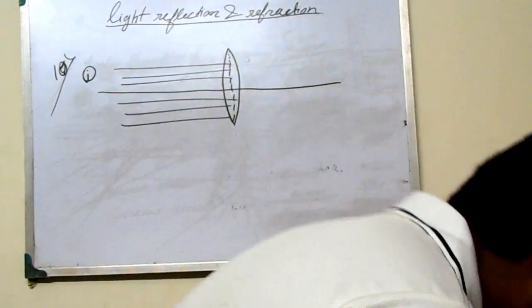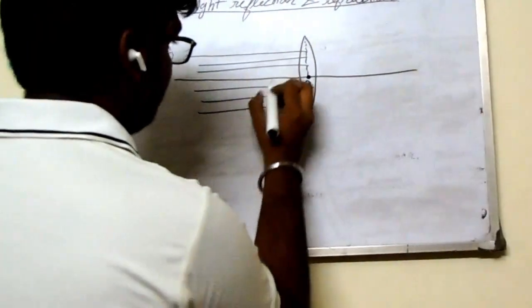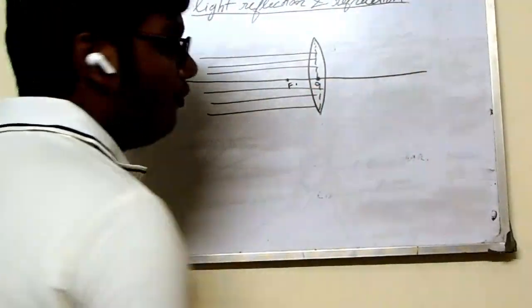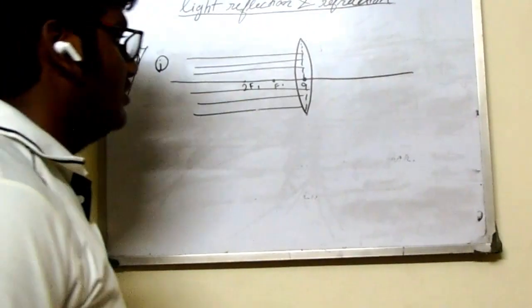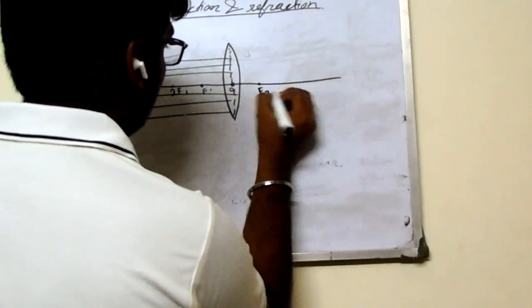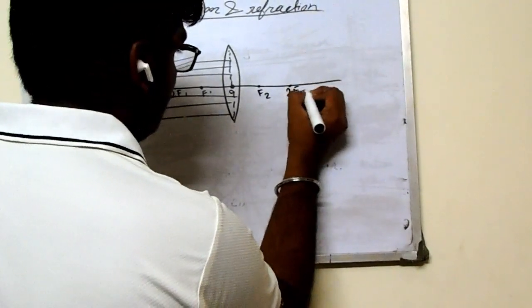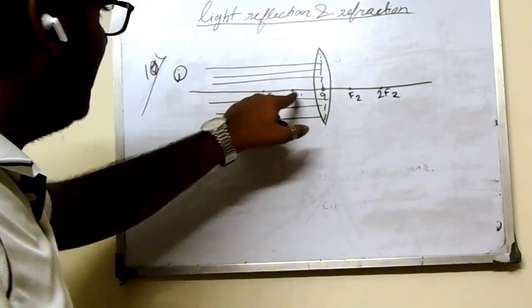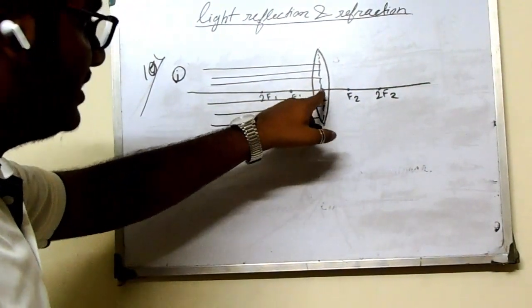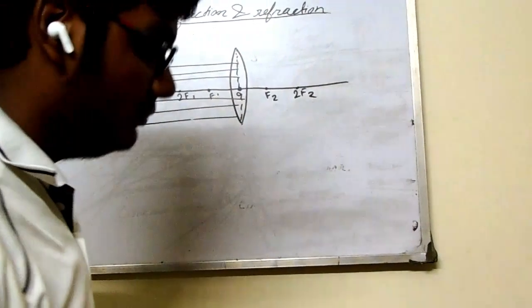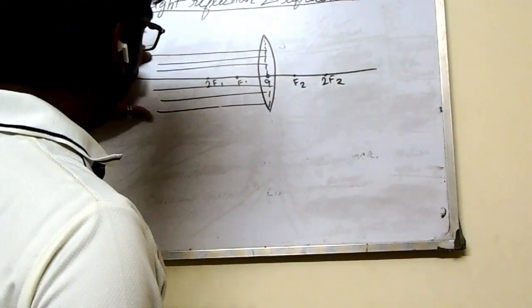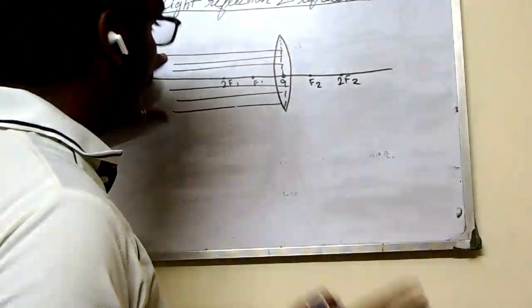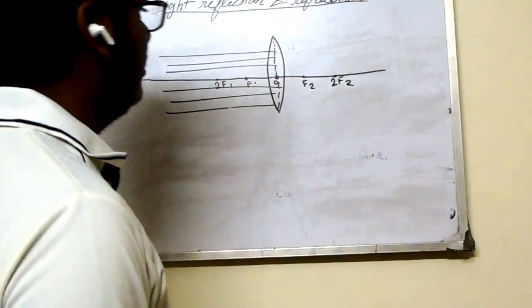What will we call this? This is the center O, F1, 2F1. This one is F2, this one is 2F2, 2F1, F1, O, that is the center, F2, 2F2. So let the object be present at infinity.